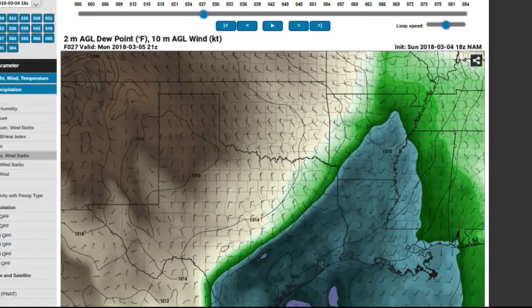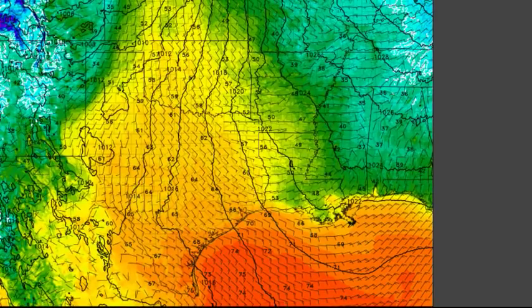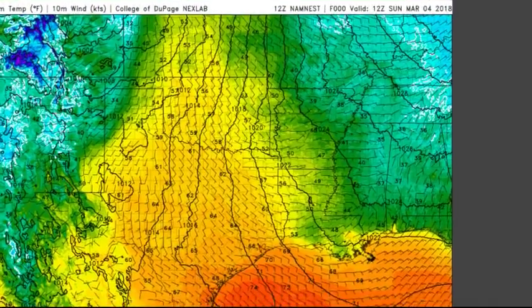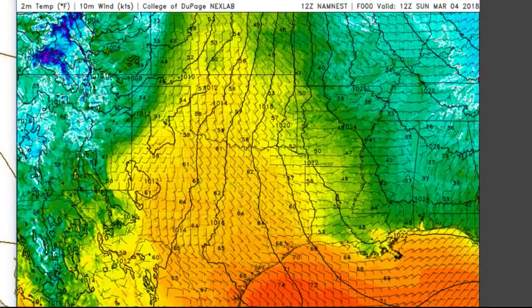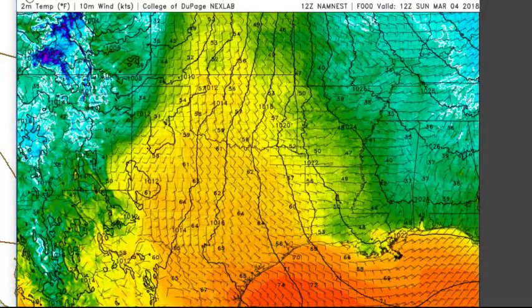So let's see here. What chart are we going to go with next? I'm going to take a quick look at the mesoscale. And we'll take a look at Texas, and maybe track that little front. Maybe see if the NAM is picking that up. This starts off this morning at 12Z.